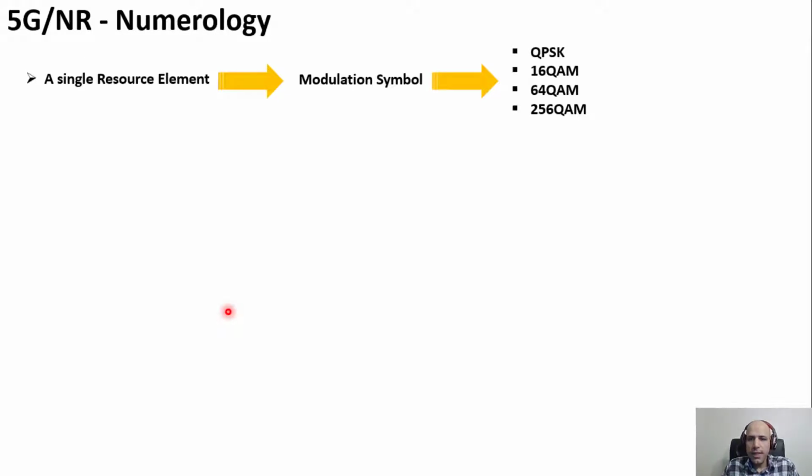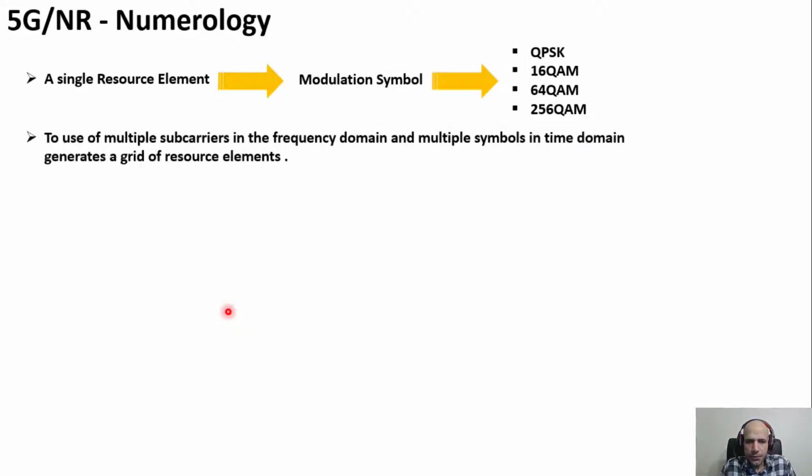A QPSK symbol represents 2 bits of information, so the capacity of a resource element corresponds to 2 bits when transferring a QPSK symbol. A 256 QAM symbol represents 8 bits of information, so the capacity of a resource element corresponds to 8 bits when transferring a 256 QAM symbol.